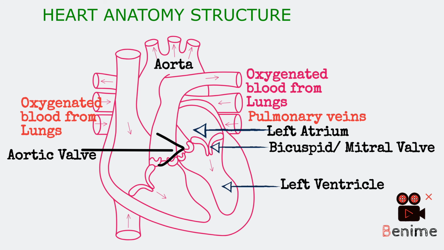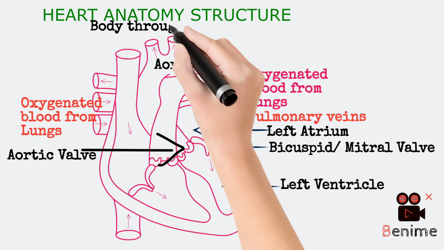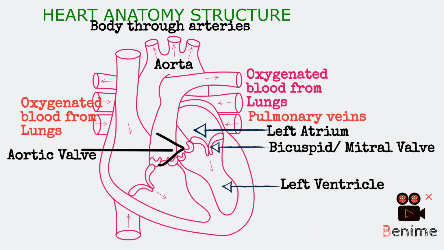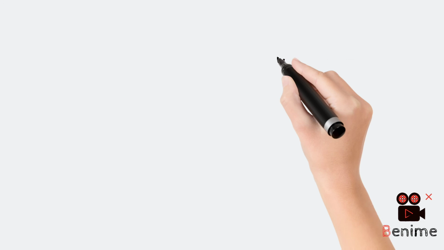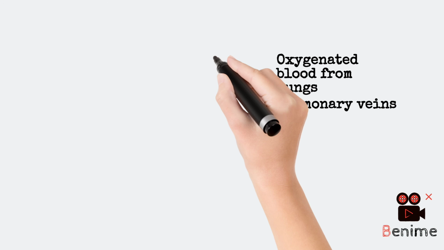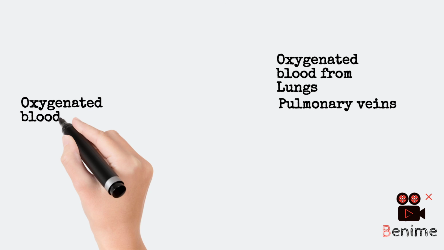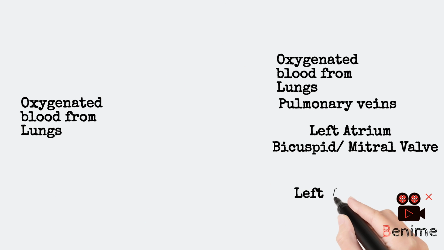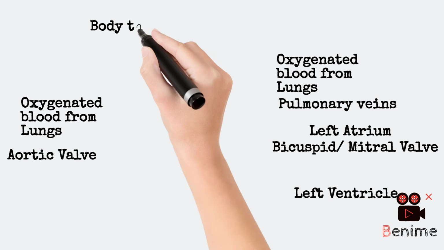It prevents the backflow of blood from the aorta into the left ventricle. So from the aorta, blood is forced into the body. Blood is taken into the body via the arteries. So here is a quick flow diagram which shows the oxygenated blood flow in the human heart.